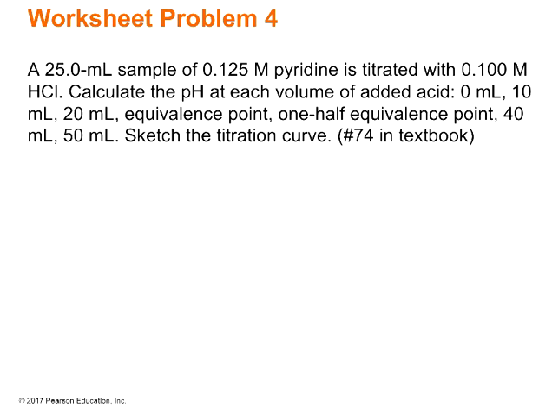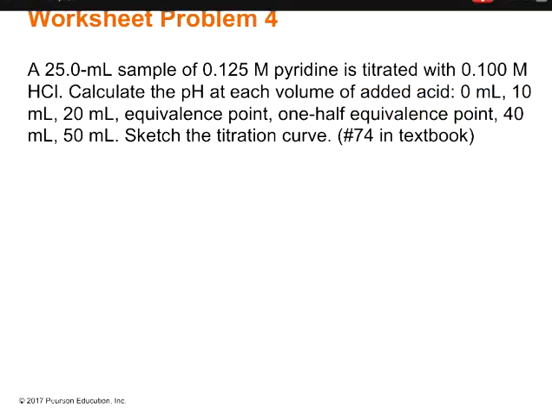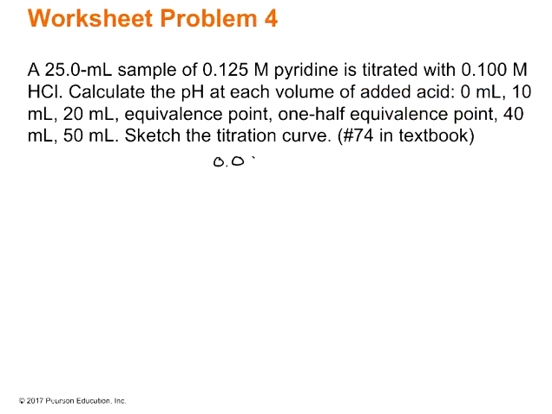We had 0.00313 moles of the weak base, pyridine. So we need enough of the acid in order to neutralize this weak base.